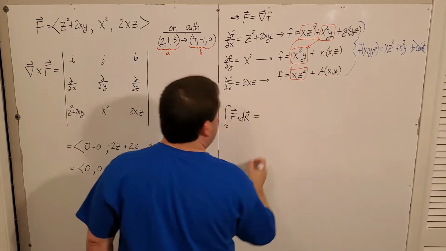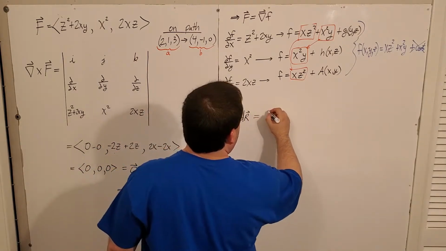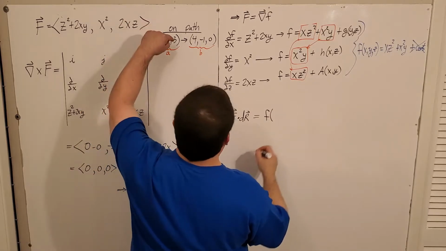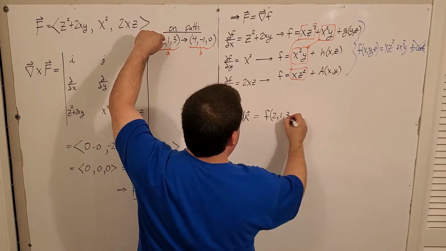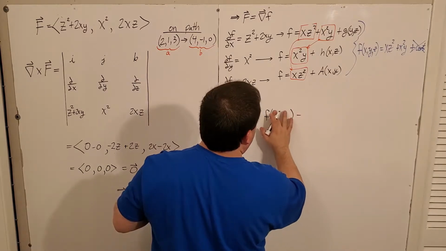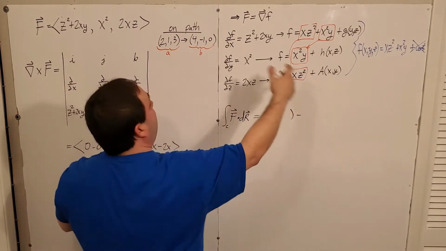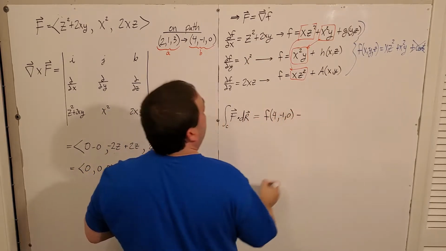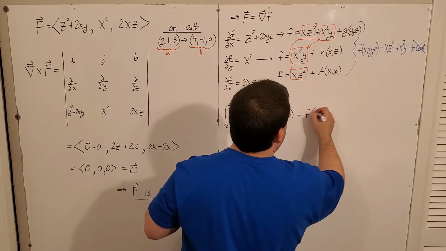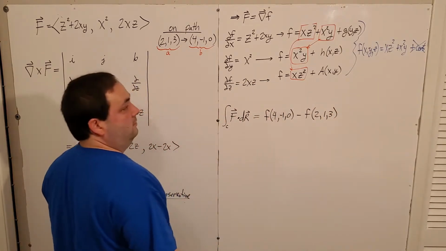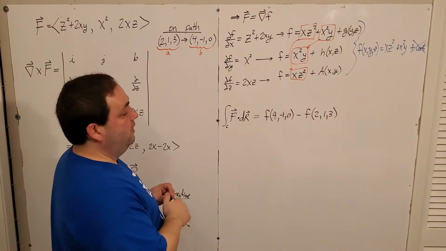I can simply say it's just the potential function f of b minus f of a. So that's f of 4, negative 1, 0 minus f of a, 2, 1, 3. And I've got my potential function over there ready to roll.